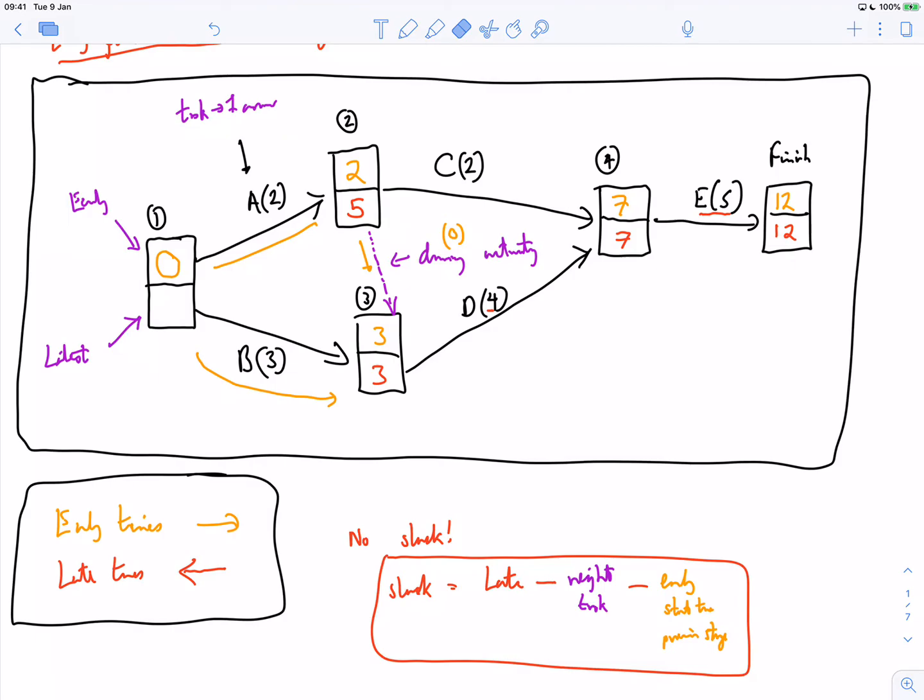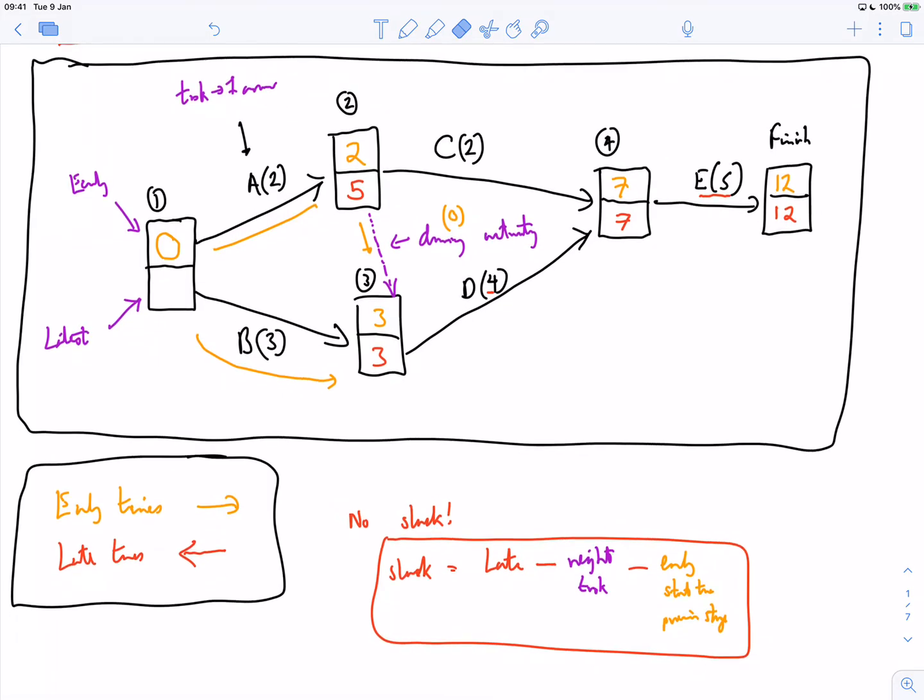But let's crack on backwards. Now, if the latest here is 5 and we start there at 2, then that means this could be a 3. But the latest we can be here is 3, and this is 3 days, so now this actually is going to be 0.